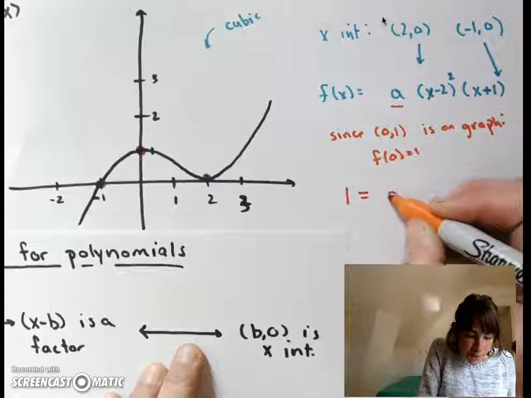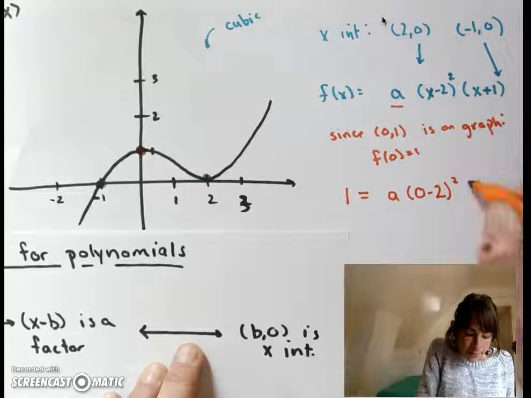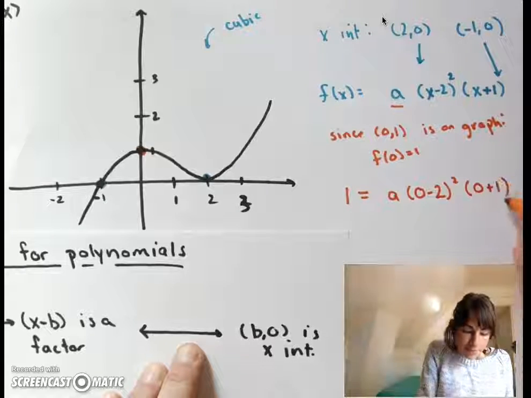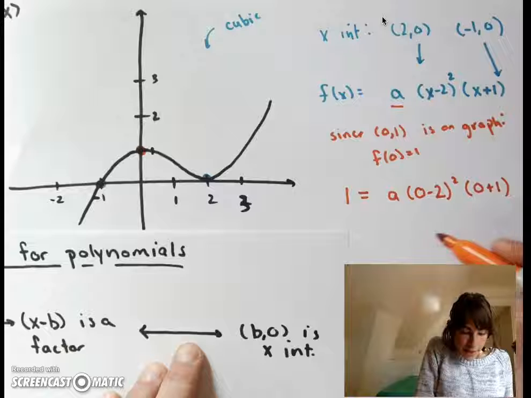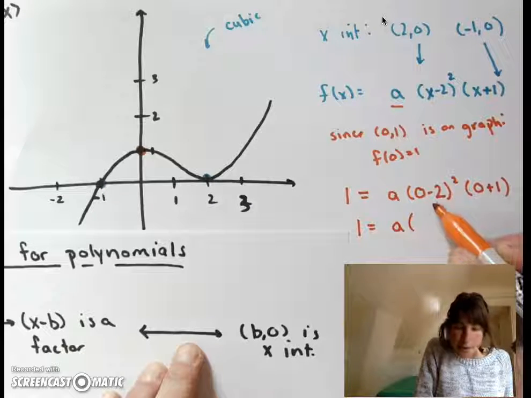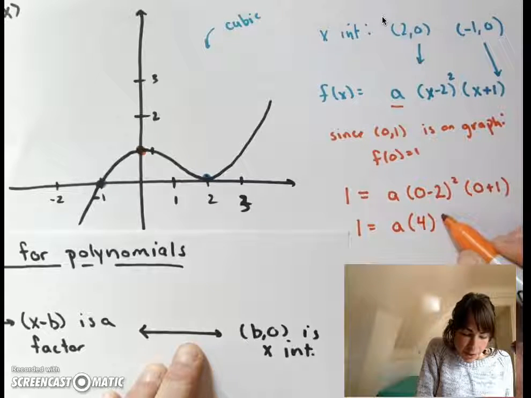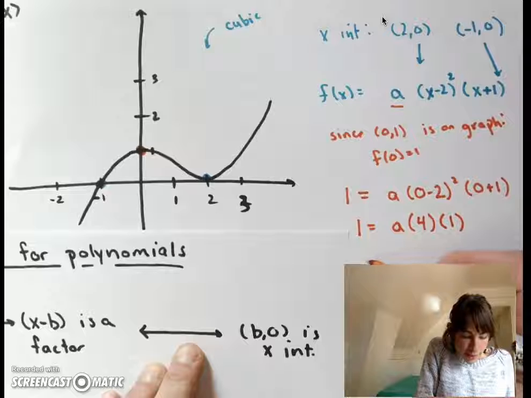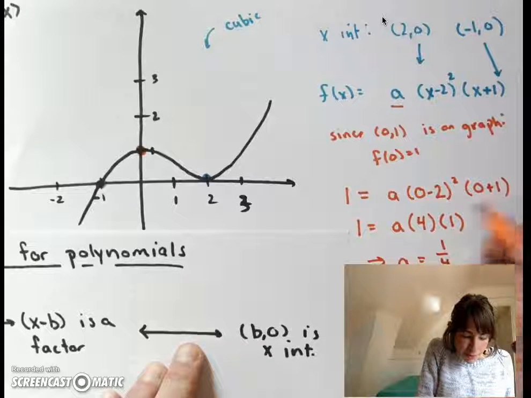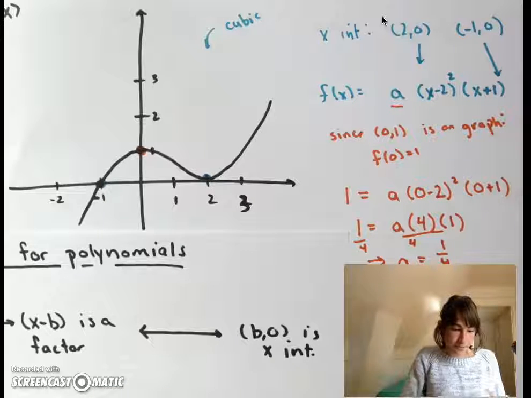So 1 equals a times (0 minus 2) squared times (0 plus 1). And now I solve for a. So 1 equals (0 minus 2) squared, which is 4, times 4... I mean, 0 plus 1 is just 1, so that's times 1. This tells me that a equals 1 over 4, because I'll divide both sides by 4 to isolate a.